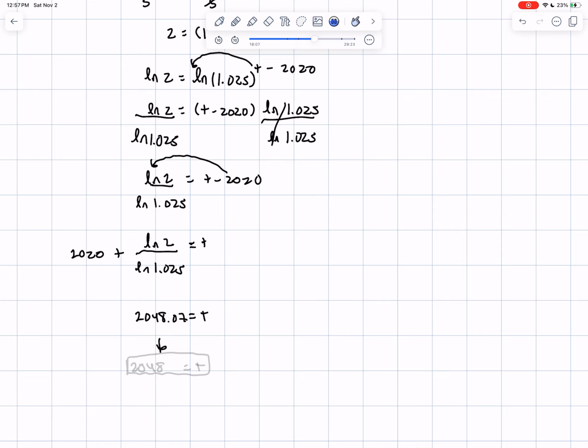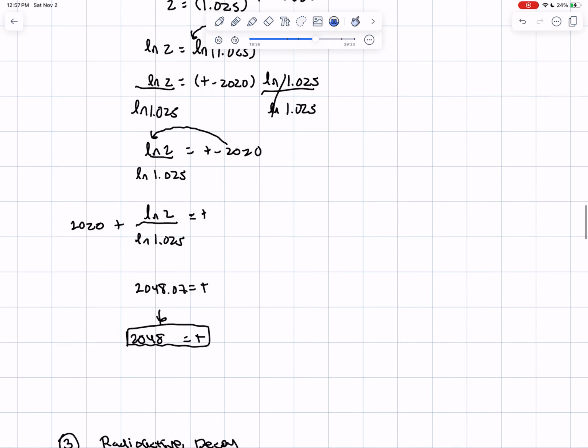So that means our year will be 2048. So in 2048, our population will be double the size. So that's how we do the population.